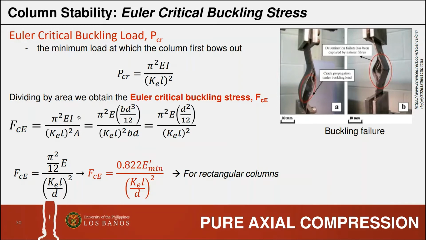So replacing the value of I with the moment of inertia for rectangular sections, and A with B and D, simplifying the equation will yield an Euler critical buckling stress of F sub CE equals 0.822 E prime minimum over quantity K sub E L over D, squared, for rectangular columns.